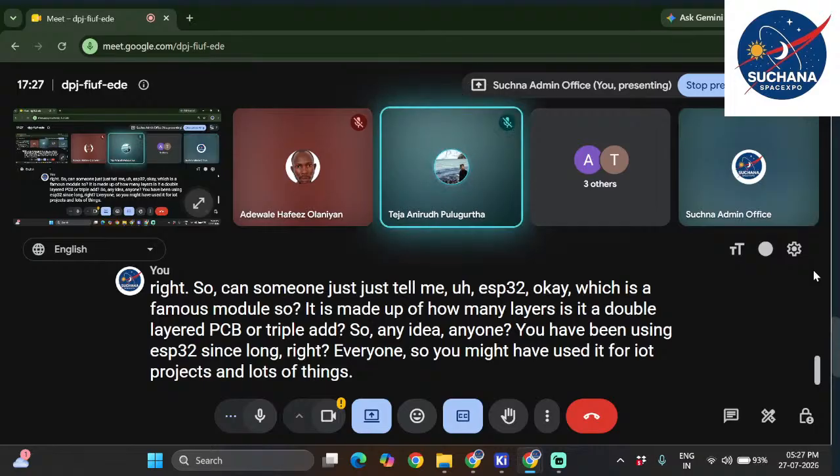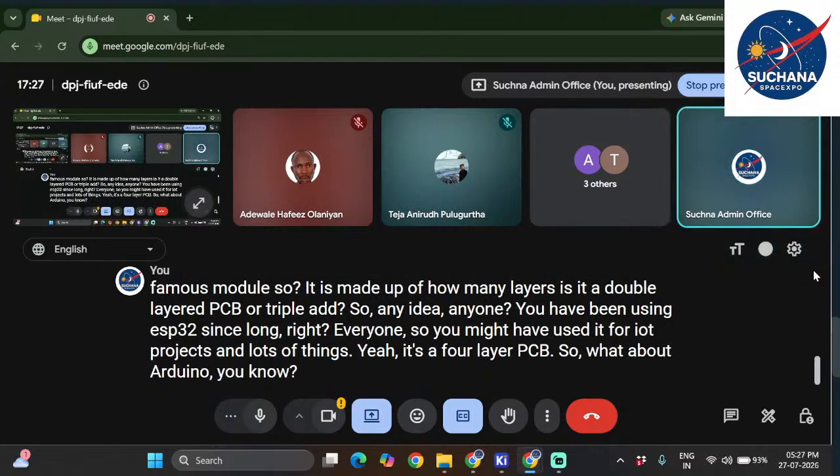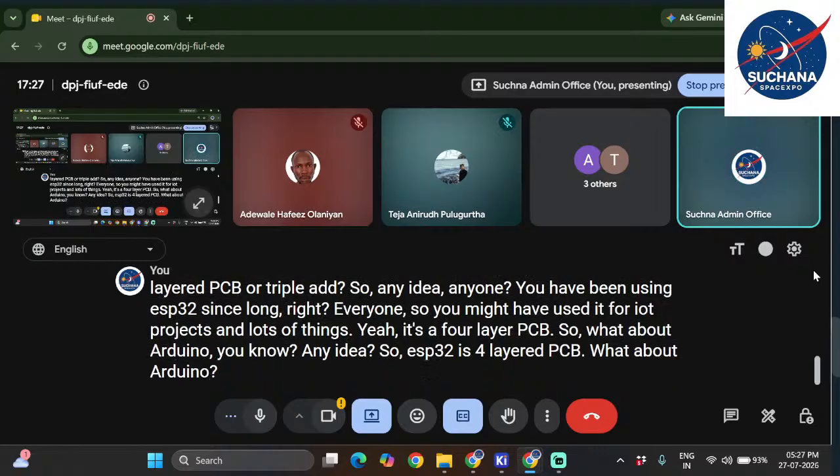Four layer PCB, yeah, it's a four layered PCB. So what about Arduino Uno? Any idea? ESP32 is a four layered PCB. What about Arduino Uno? Two layer, yeah, correct.